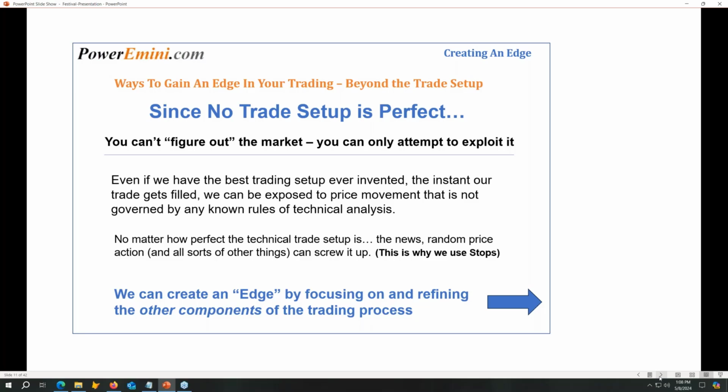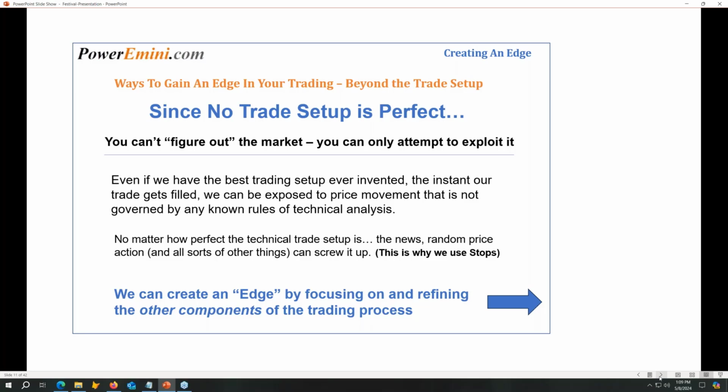So even if we have the best trade setup ever invented with the highest win rate, as soon as we get filled on that trade, we're exposed to different things that are not governed by the rules of technical analysis, right? News hits the wires, a big sell order comes in, any number of things, a tweet comes out. And so we can only perfect our trade setup so much.